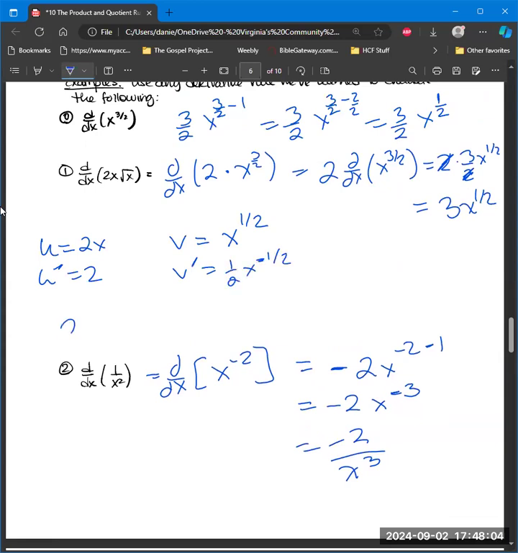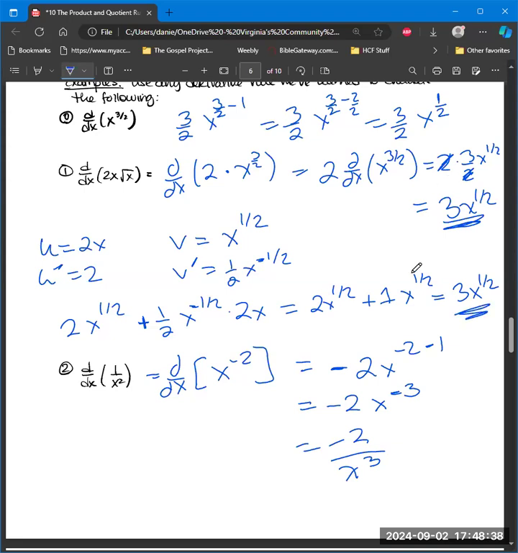So u prime v plus, excuse me, v prime times u is going to be equal to 2x to the 1/2, and then plus 1 x to the 1/2 is going to be a 3x to the 1/2 power, which is the same thing as what I had up here, right?